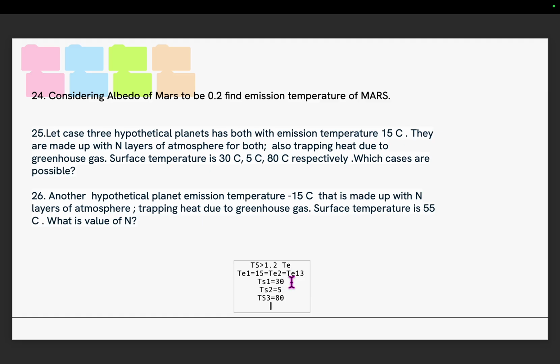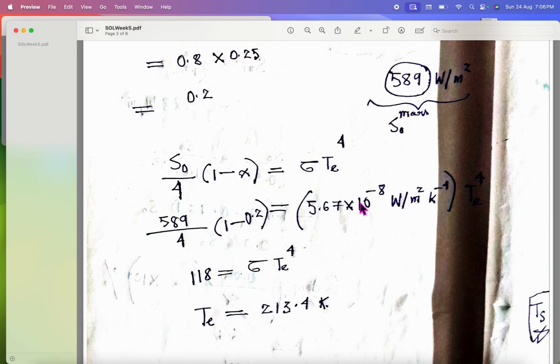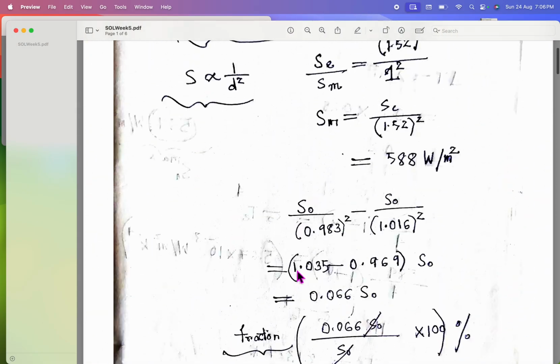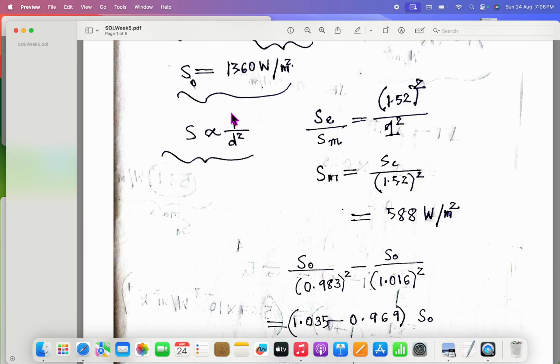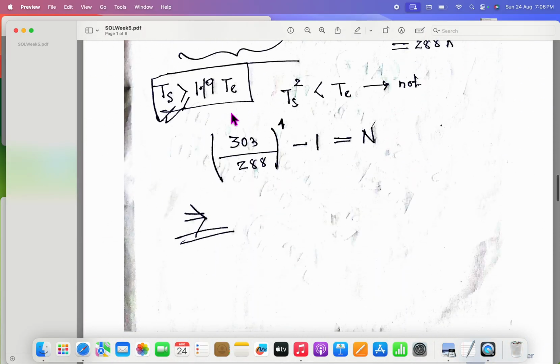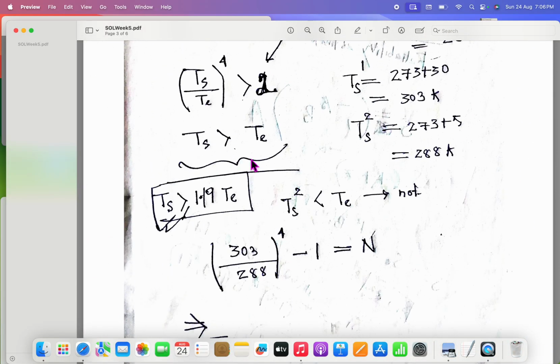So you have to find this factor of Ts1 by Te. Ts must be greater than 1.19 into Te.